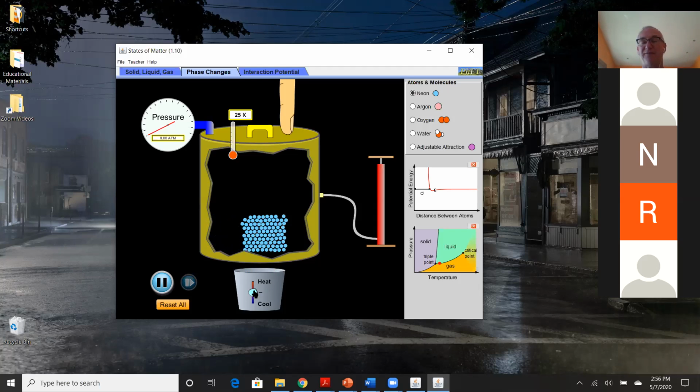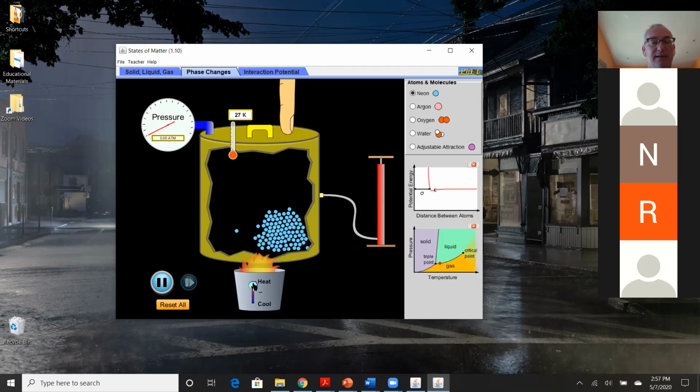So that's definitely a liquid now, right? Because you see the molecules are moving from one side to the other. So that's still a liquid. But is it a gas? No. I wouldn't call it, because look at the pressure. There's no pressure, right?